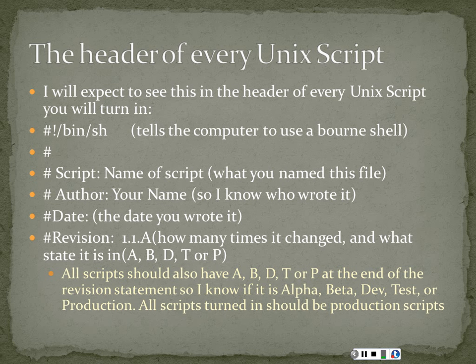You need to tell the computer what shell to use. There are different shells. In this class and with Ubuntu, you're going to be using what's called the Bourne shell. So you have to have the comment #!/bin/sh. You have to have that in there. If you do not have this as the first line in your script, it will never run. So when you're debugging your script, I may turn in a script to you guys that doesn't have that first line in it. Hint?